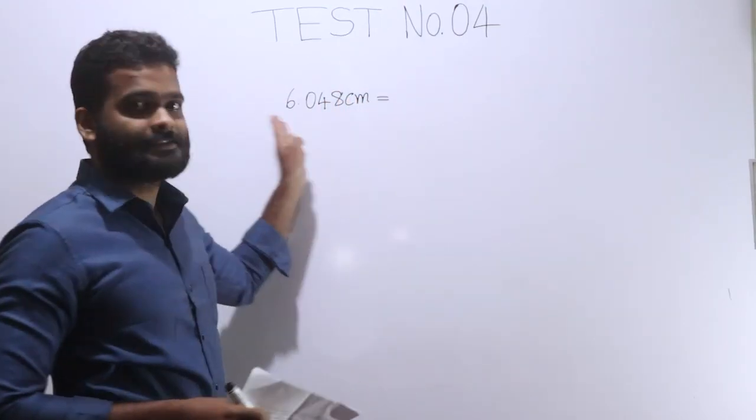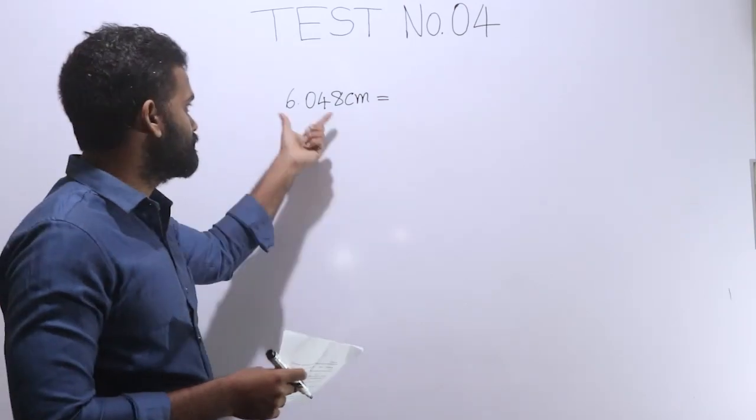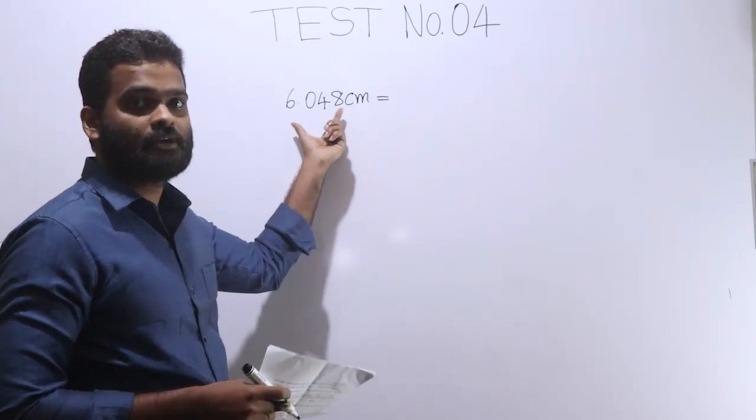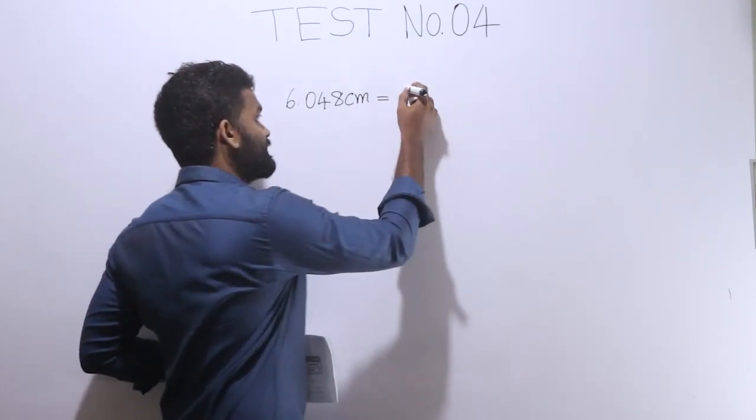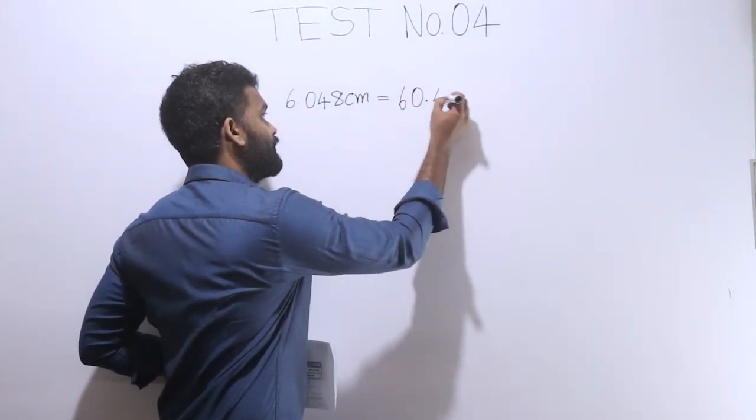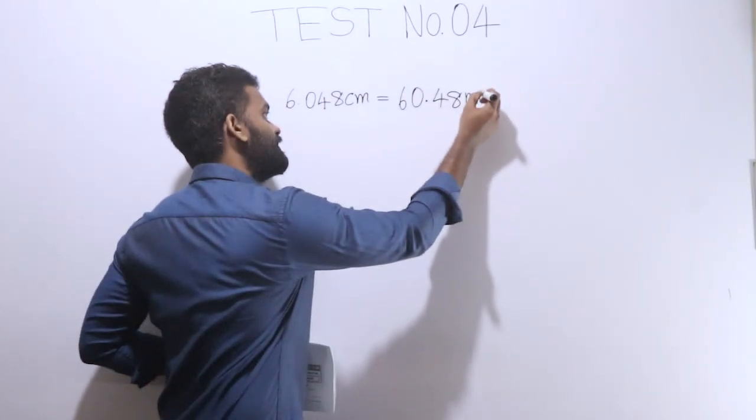I will write this in millimeters. To convert this into millimeters, just multiply by 10, since 1 centimeter is 10 millimeters. So this will be 60.48 millimeters.